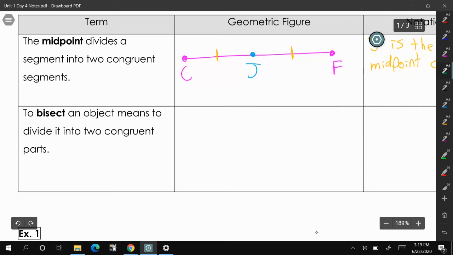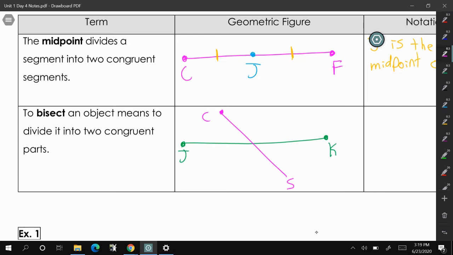So if we have segment JK and I have another segment CS that bisects segment JK, and we have point F, such that JF and FK are congruent, that means this line segment CS bisects segment JK.